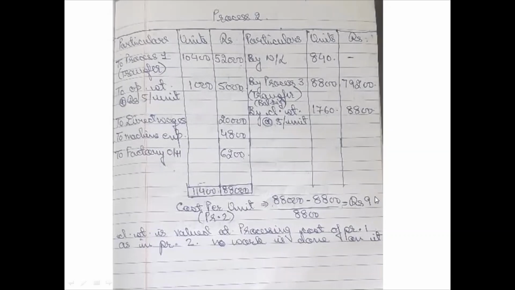Now the cost has increased from rupee 5 to rupee 9. That means 4 rupees extra are being incurred in your process 2. You do not need to pay any attention to this information. This I am explaining it to you. So our cost from rupee 5 has increased to rupee 9 in process 2.